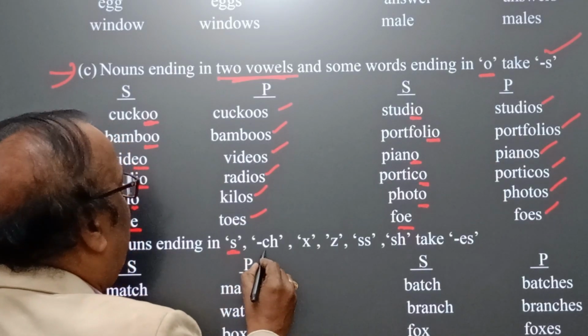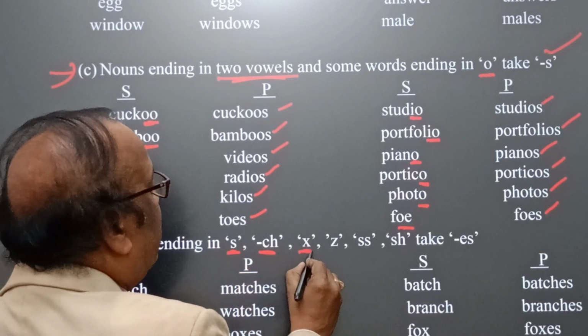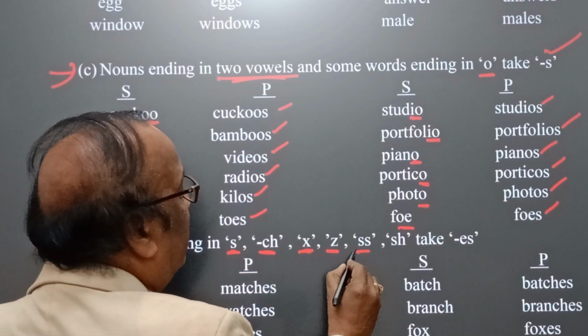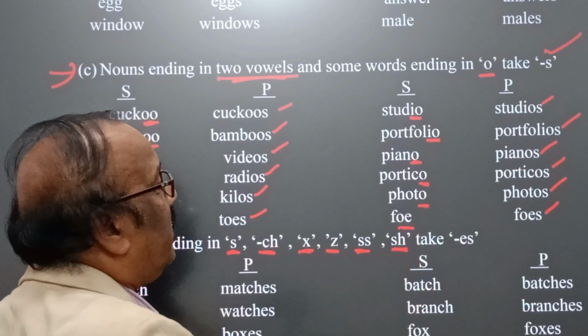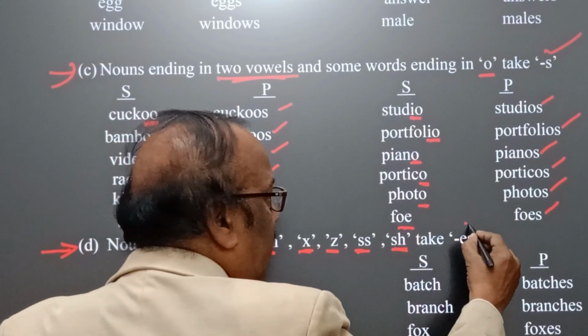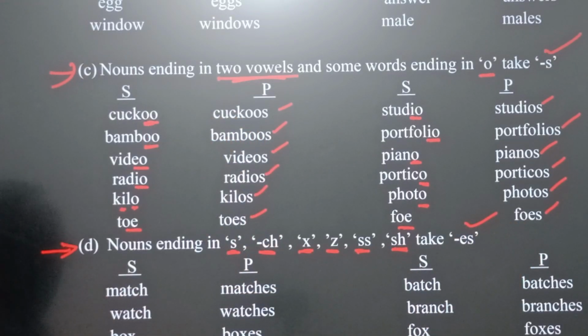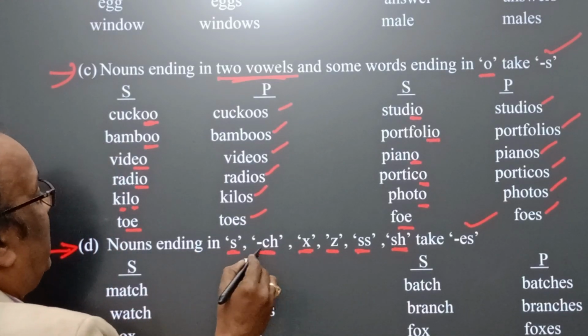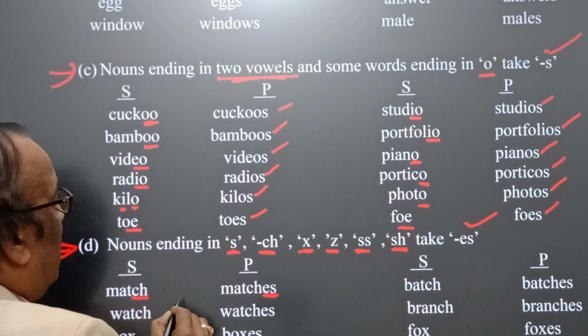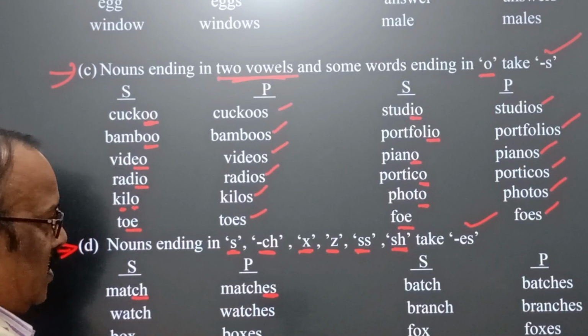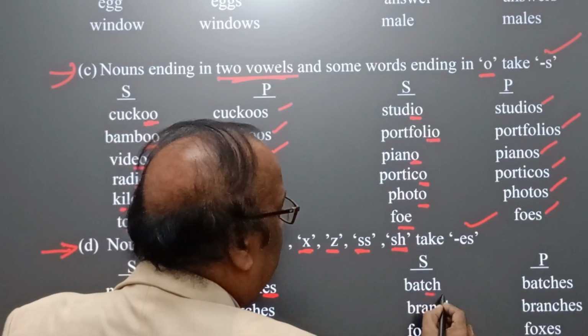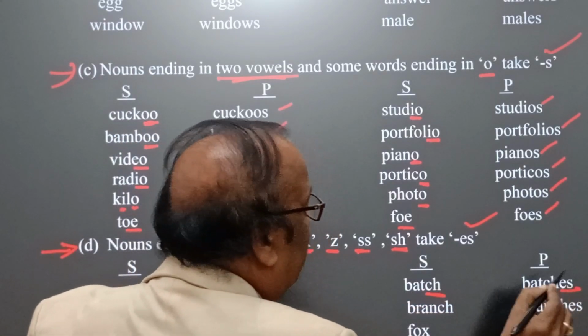This is interesting. Nouns ending in ch, x, z, sh, s take es. See now how match ends in ch, and therefore matches; batch ends in ch, then batches.